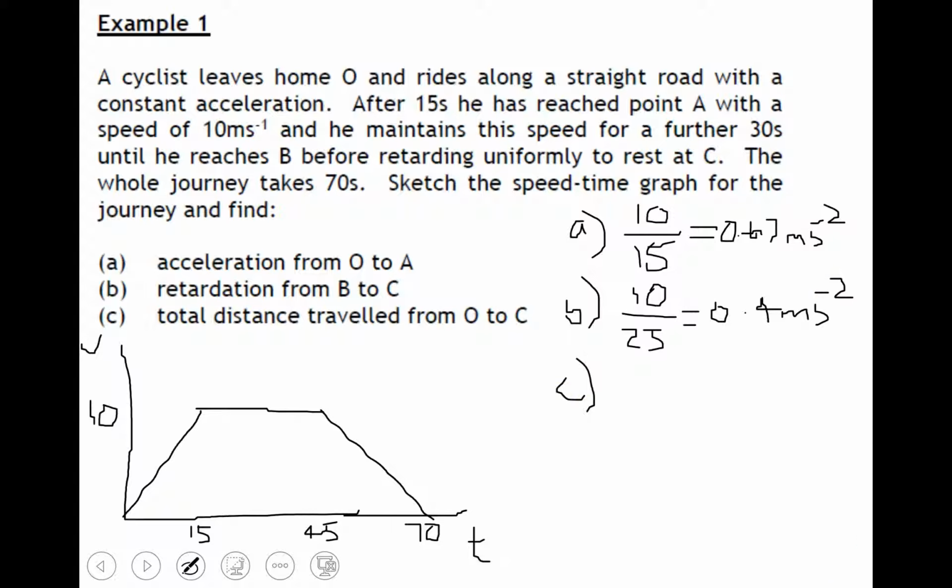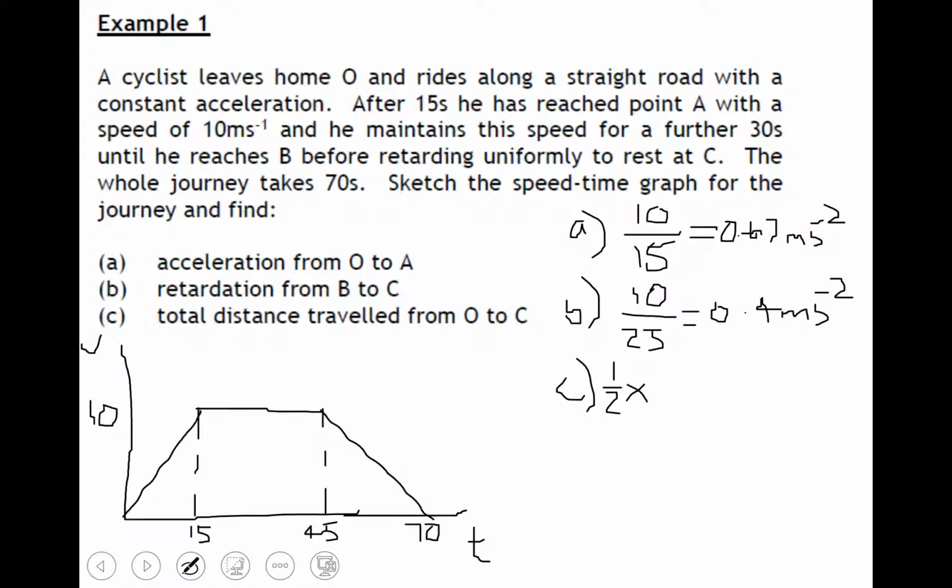Now in part C, we're to find the total distance travelled from the point O to the point C, so the total distance for the journey. Now we could do this by splitting up the area into 3 components, work out the first area of the triangle, the rectangle in the middle and the triangle at the end. The quickest way is to use the formula for the area of a trapezium, which is a half times the distance between the 2 parallel sides.